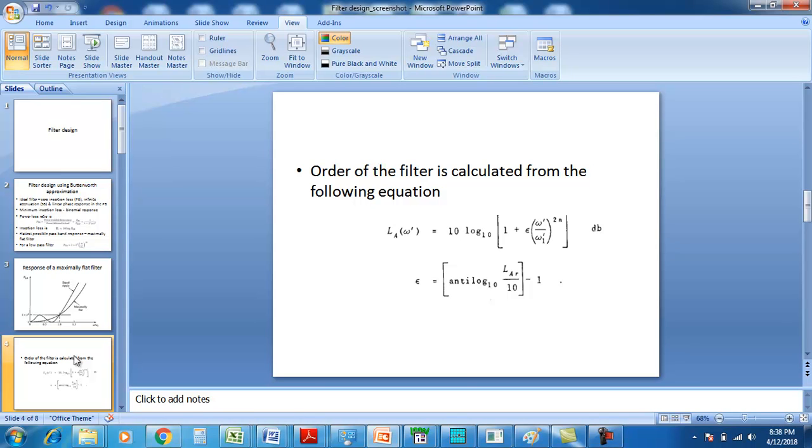How much attenuation is required in the stop band is used here. For example, minus 15 dB is required at 4 gigahertz. So omega dash equals 2 pi into 4 into 10 to the power 9 and LA equals 15 dB. So the only unknown parameter is n.